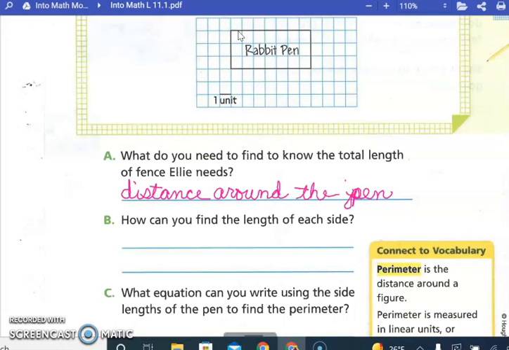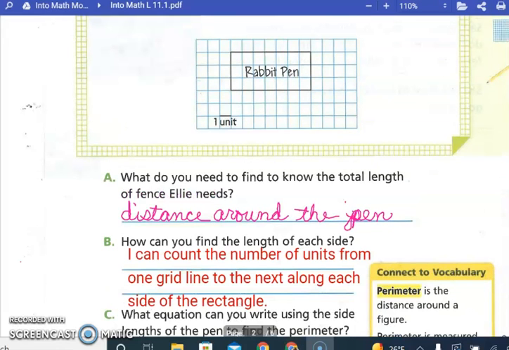So how can you find the length of each side? What are we going to do? What did we do on the front? We counted the number of units from one grid line to the next along each side of the rectangle. Okay, so let's do what we said and count them. So I'm going to start right here. 1, 2, 3, 4, 5, 6, 7, 8, 9, 10. Now, if we wanted, we could do 2 times 10, right?